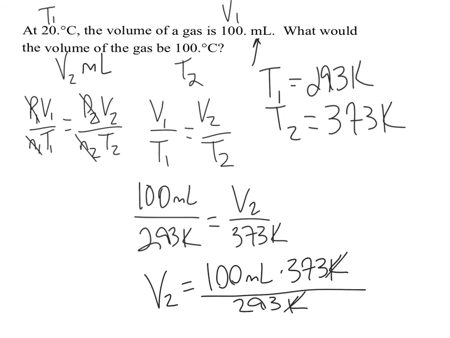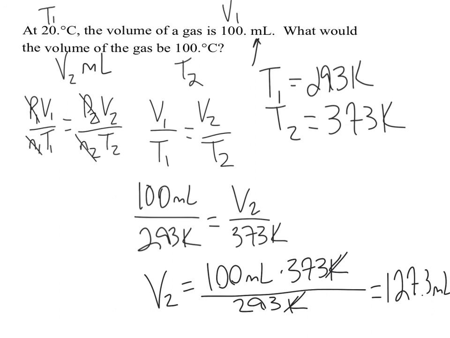Kelvins cancel out, and that way you know you're ending with milliliters. So I have 100 times 373 divided by 293 gives me a final volume of 127.3 milliliters.